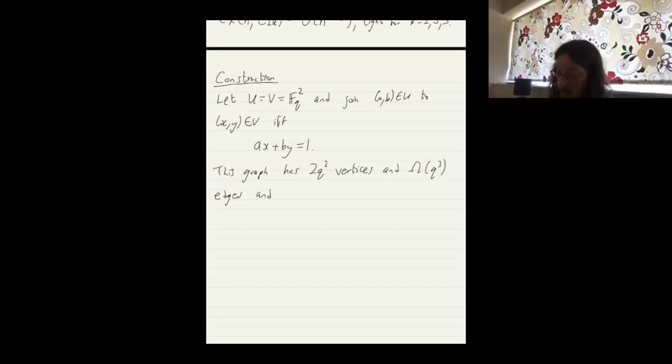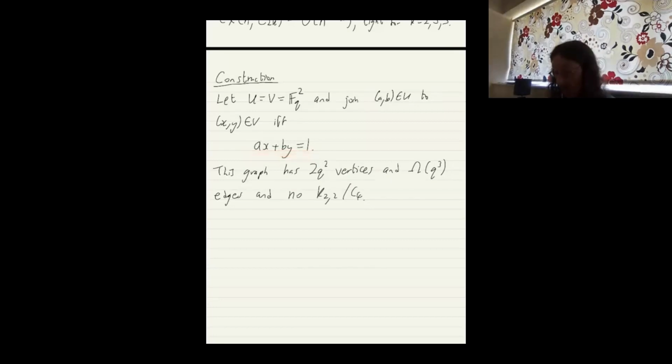And it also has no K_{2,2}, and actually K_{2,2} is also the same thing as a C4. And the reason for this is simple. If you fix a and b, then the things that (a,b) is joined to correspond to a line on the other side. So the collection of things it's joined to is the collection of (x,y) such that ax plus by is equal to 1. So it's just a line.